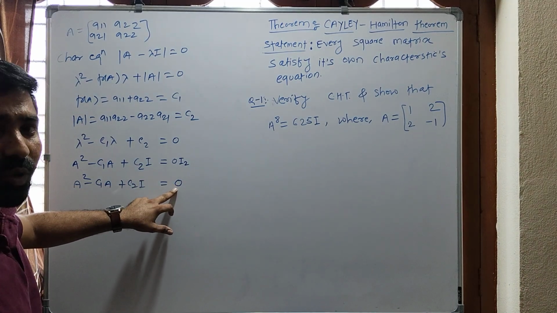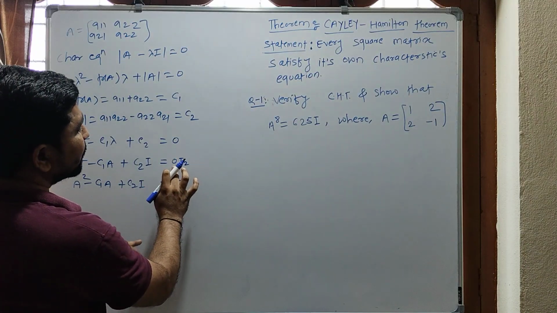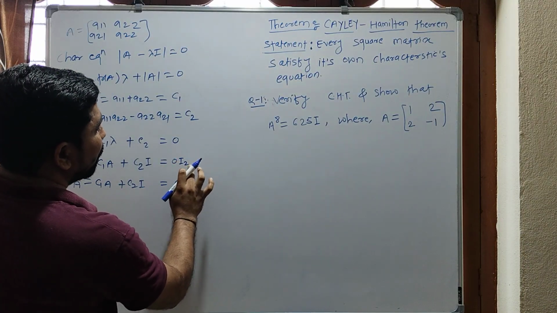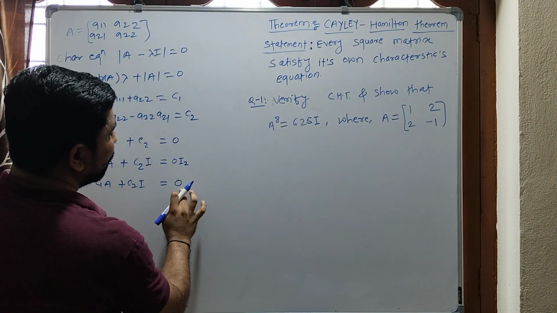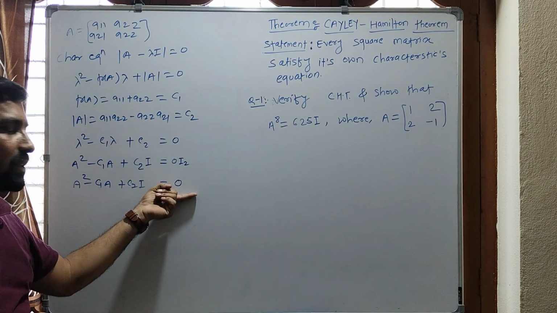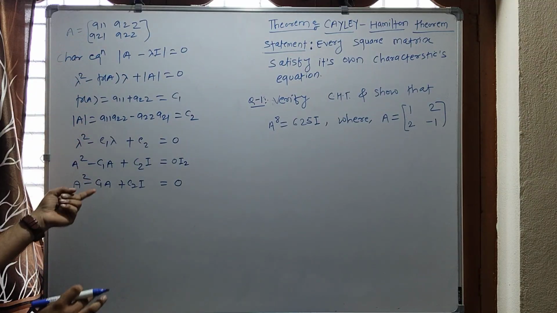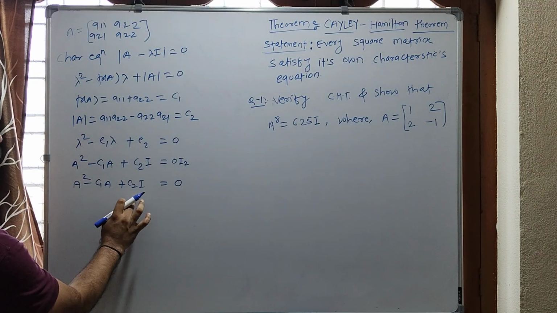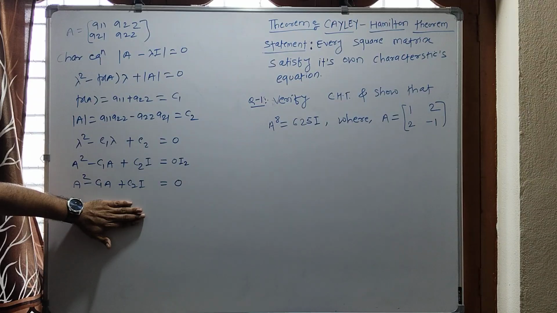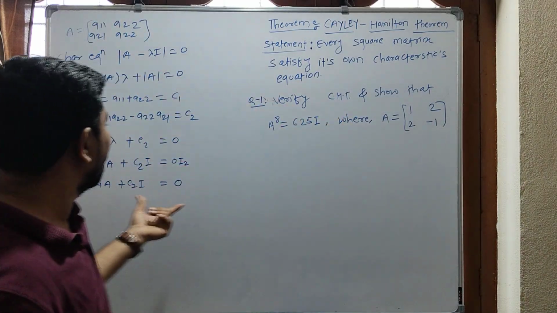Here I am multiplying the identity matrix by 0, so 1 0 0 1 becomes 0 0 0 0. Now the left hand side is a matrix and the right hand side is a matrix. If this matrix satisfies its own characteristic equation, the left hand side must be a 0 matrix of order 2 cross 2.